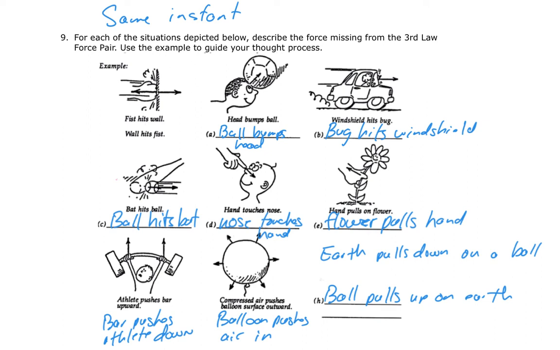Well, we don't see the earth accelerating up because even though the same force is acting on the ball from the earth as the force acting on the earth from the ball, we know that the earth has a lot more mass, right? So the earth is not going to accelerate nearly as much, or frankly, almost at all. We could get a number for it, but it wouldn't be measurable. Okay. So we can see the ball accelerate. We cannot see the earth accelerate.